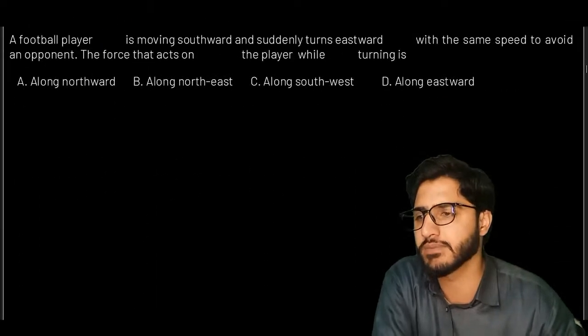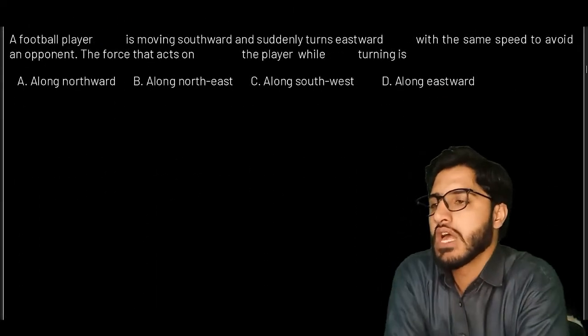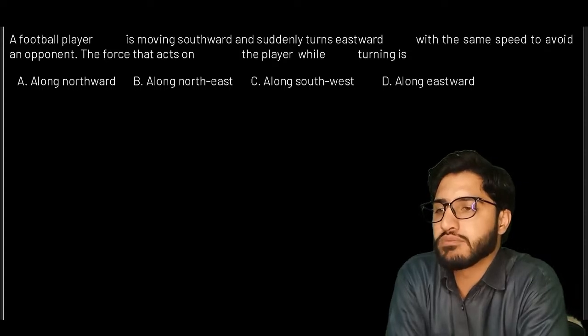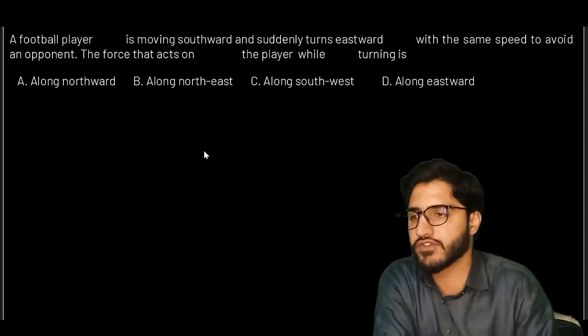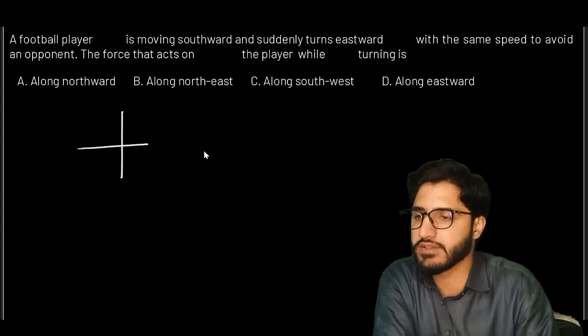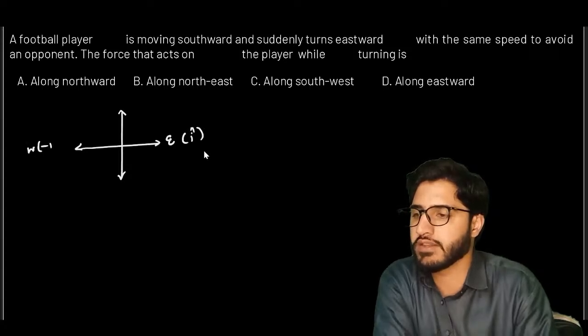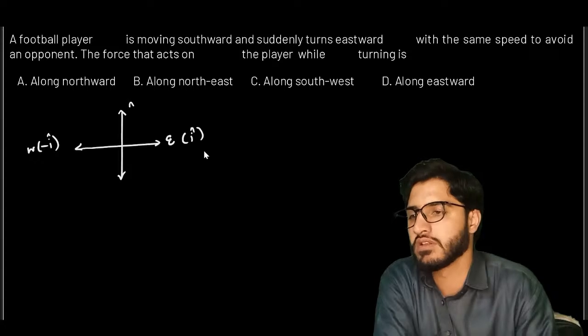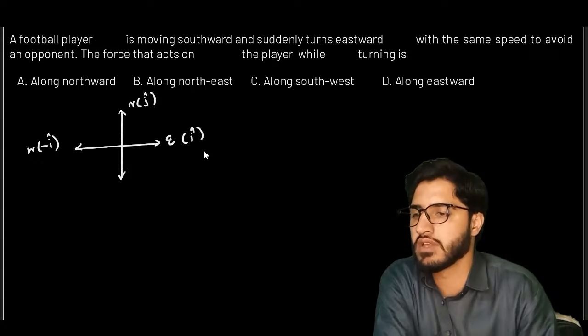Right? Next numerical. A football player is moving southwards. First I need to make the diagram like this. East is i cap, west is minus i cap, north is j cap, south is minus j cap.